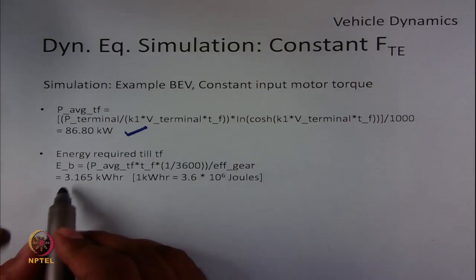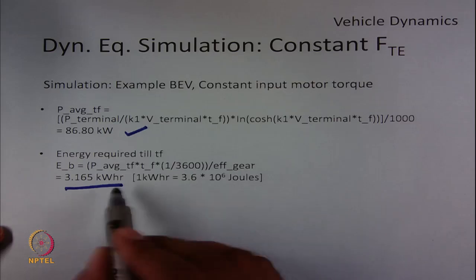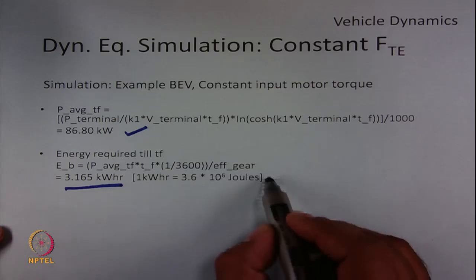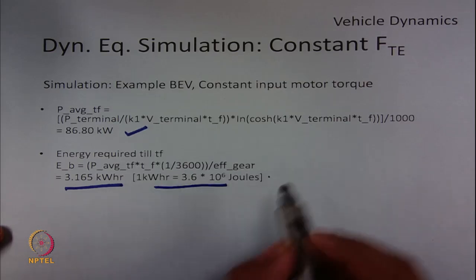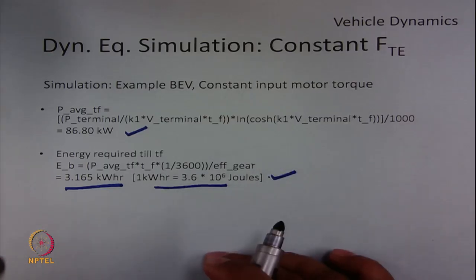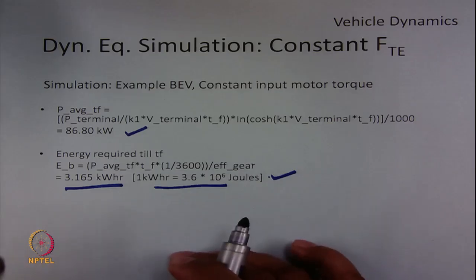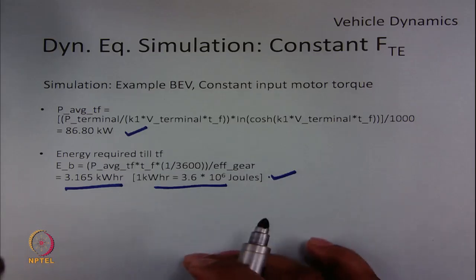So, it will be 3.165 kilowatt hour. The equivalent value in joule can be calculated using this formula as well. So, we are able to calculate the values of most of these variables using simple formulas which we have derived.